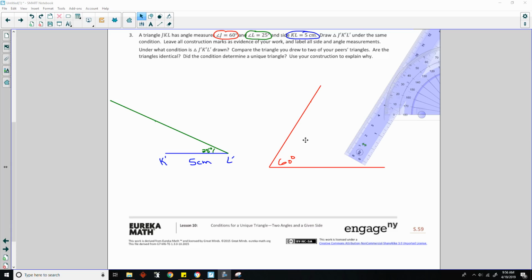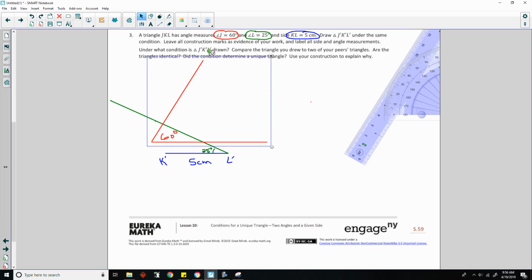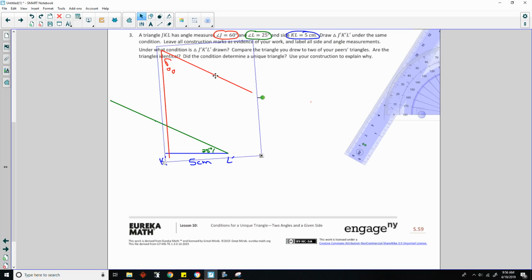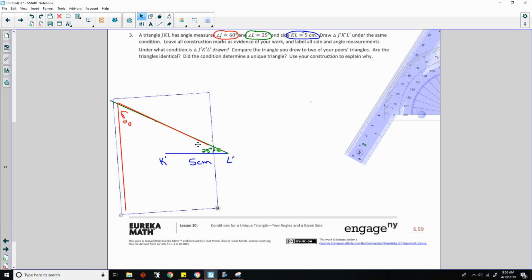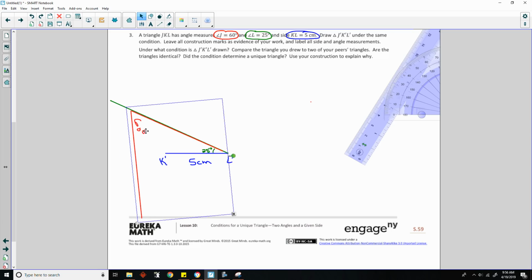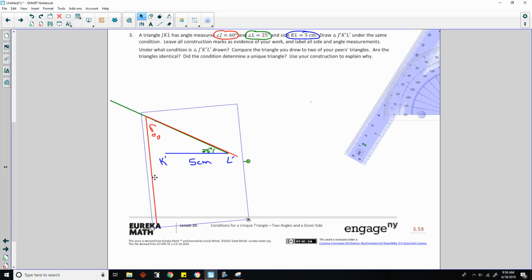So if I were to use my patty paper and pretend that this is a piece of paper that you can see through, you bring it up over here and you set it down on top of your diagram, but then you would need to rotate it like so and put this red line right on top of the green one so they line up like that, and then you move it down until this red line here goes through the point K prime.